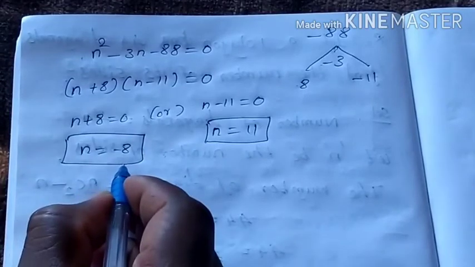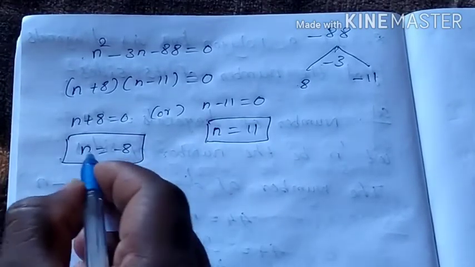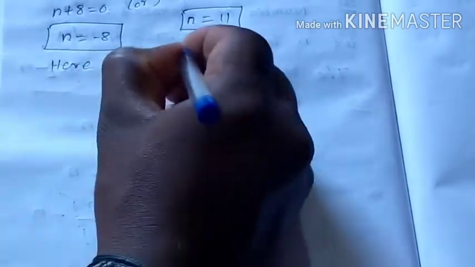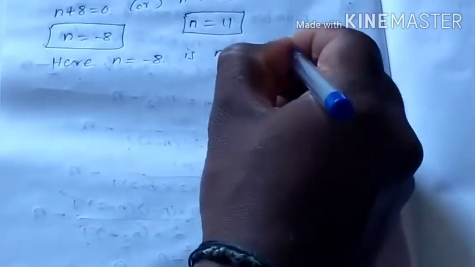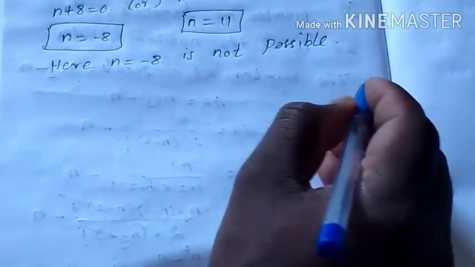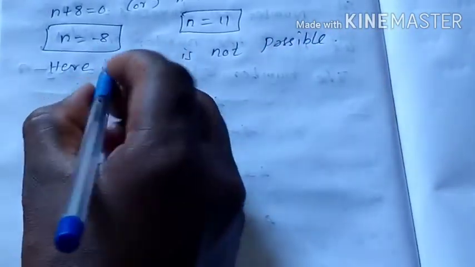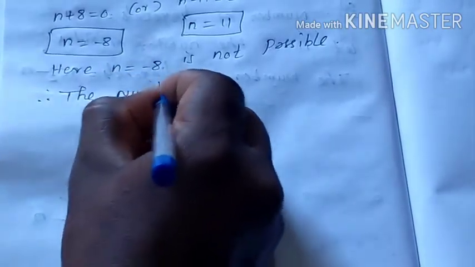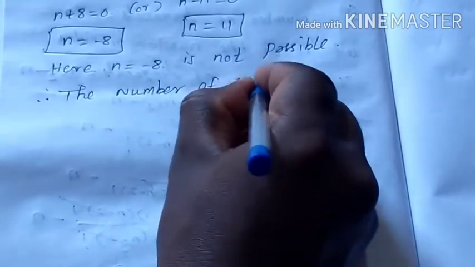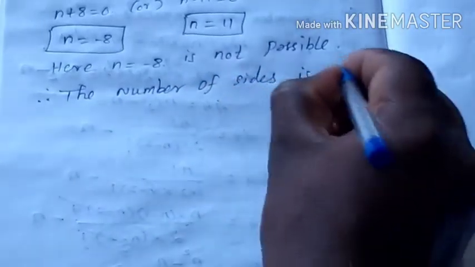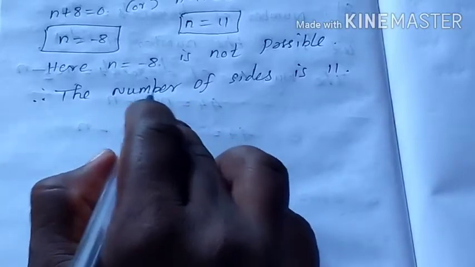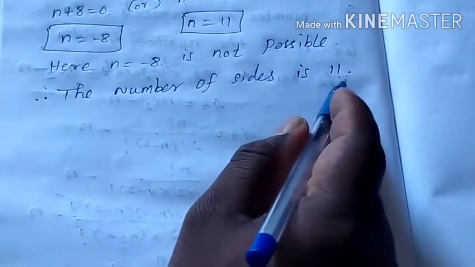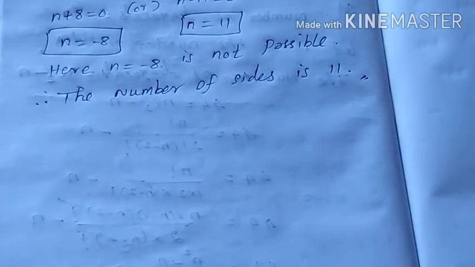Here n equals minus 8 is not possible, because n is the number of sides and the number of sides cannot be negative. Therefore the number of sides is 11. That's all your answer. Have you understood?